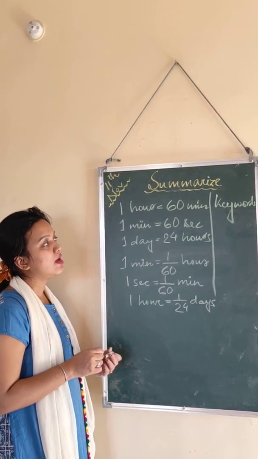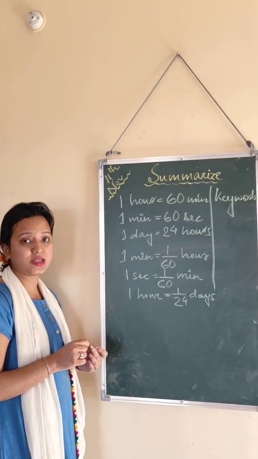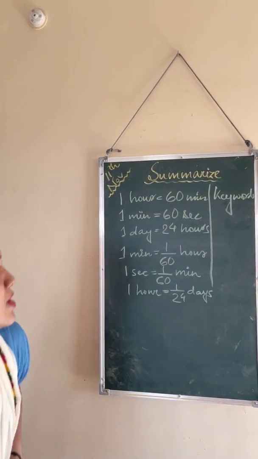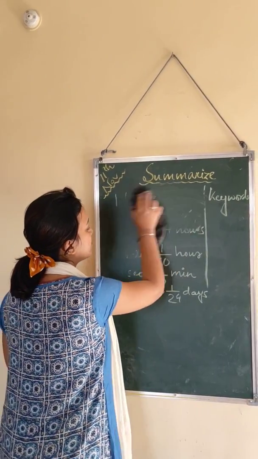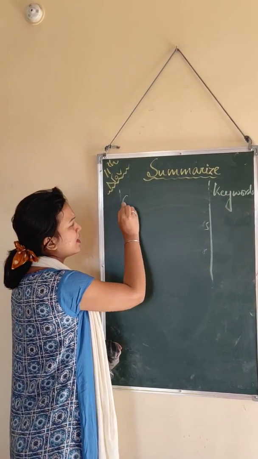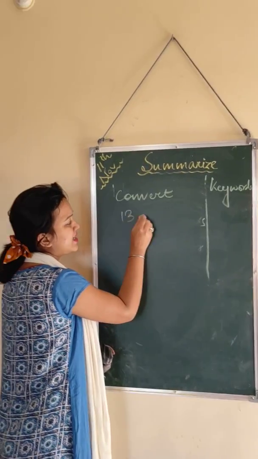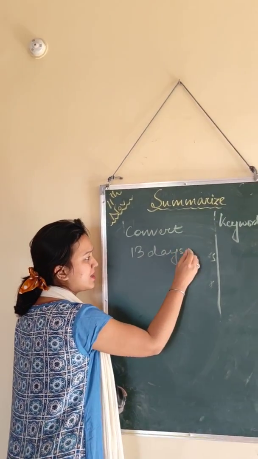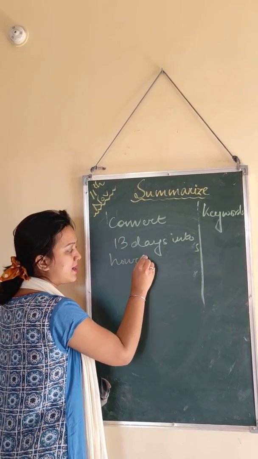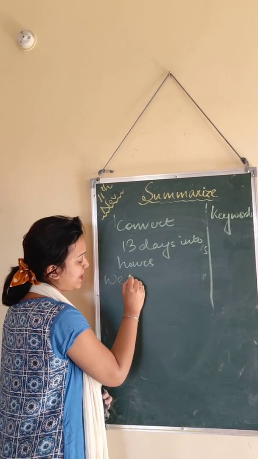Correct? So now, what we have done first, we have started solving some conversion problems. Remember? So what were those conversion questions? Suppose I give you, convert 13 days into hours. Correct? 13 days into hours. So what did we do? We do it in this way.